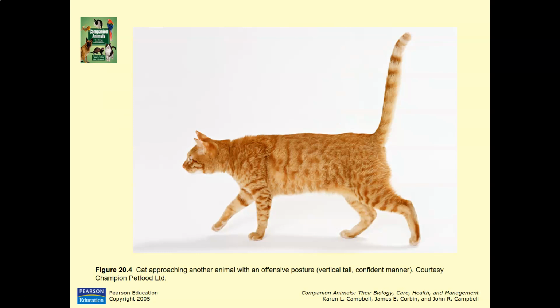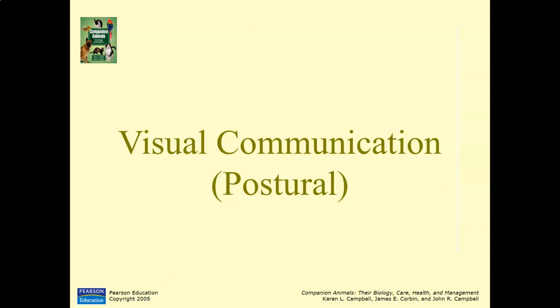This is an offensive posture. So this is one way of communicating, which is visual communication, which is postural. So how are they showing their body? Dogs and cats employ body postures with various expressive behaviors that an owner can actually interpret, right? There are all these differences in how they hold their head, how they hold their tail.